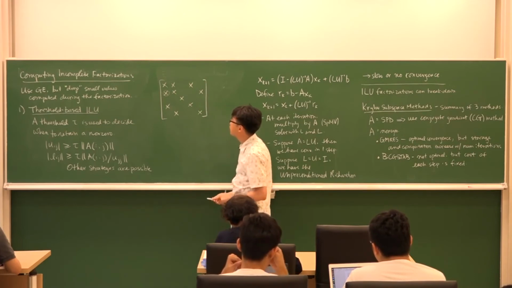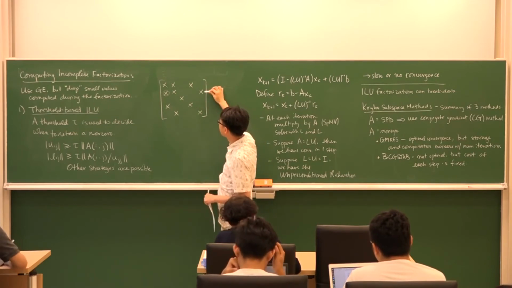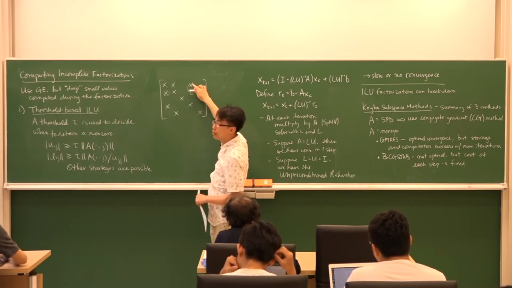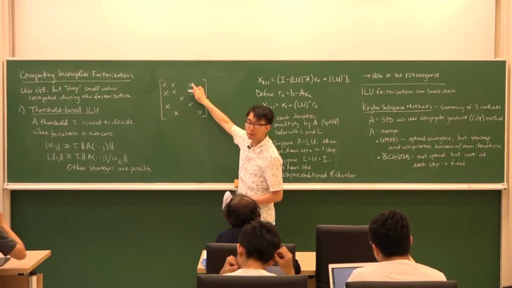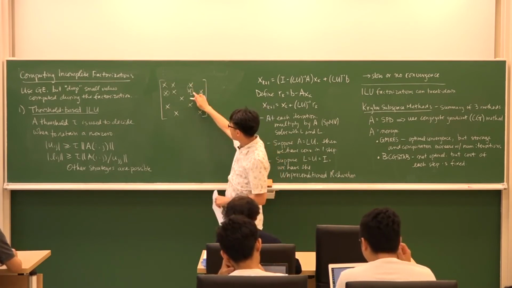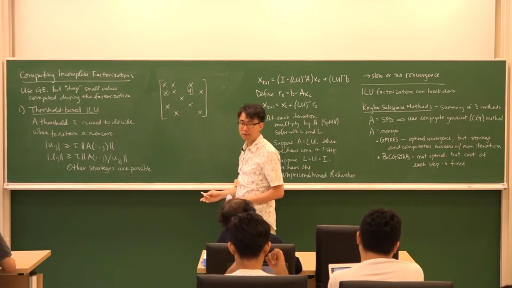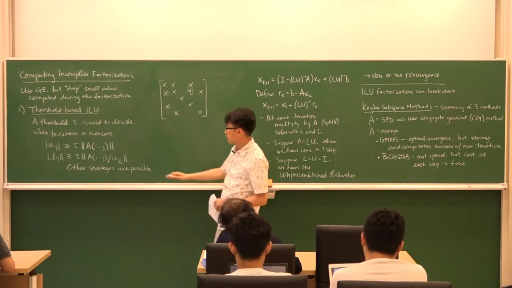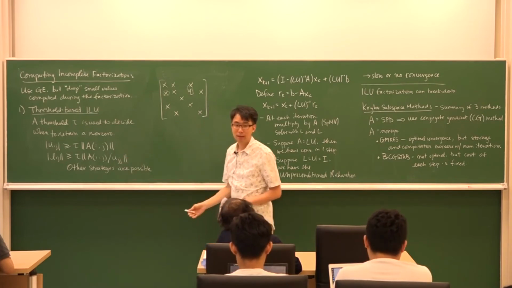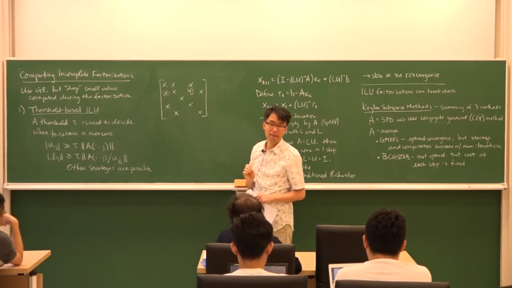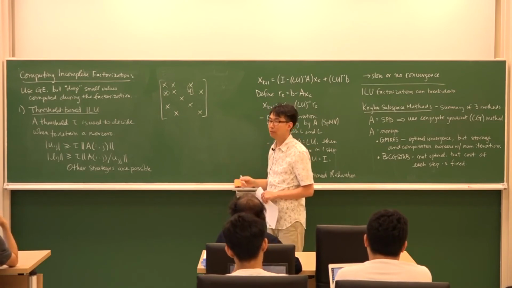We're going to add an appropriate multiple of the first column. And that's going to create a non-zero in this location caused by this first non-zero, right? And if this non-zero, this square non-zero, is small, less than this threshold, then I'm just going to drop it. I'm not going to even put it in. And if it's large, then I'm going to put it in.